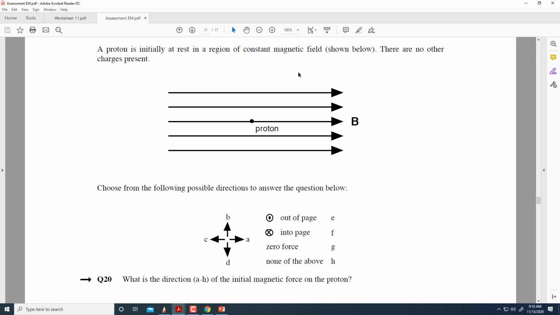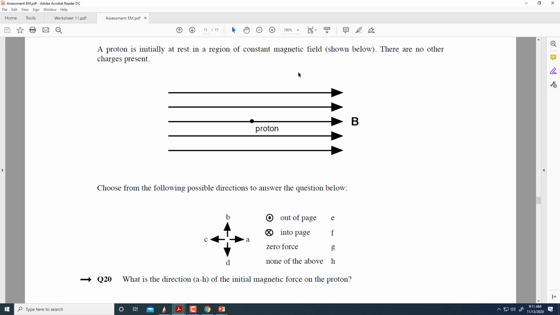There are no other charges present. Choose the following possible direction for the magnetic field. What is the direction of the initial magnetic force? Oh, no, sorry. This is asking for the force. Which way will be the force? 0. Why is it 0? It's not moving. Yeah, that's right. So the proton is not moving.